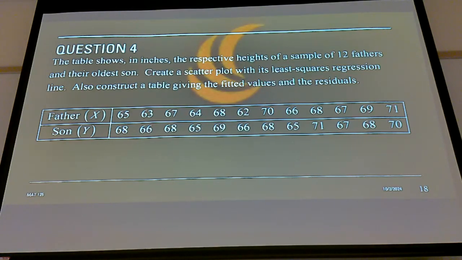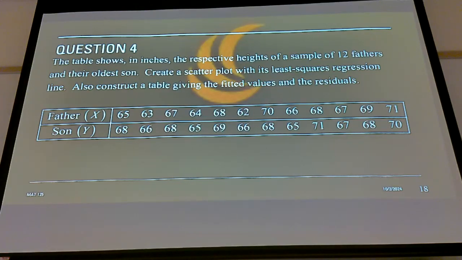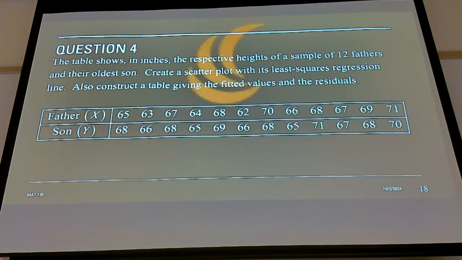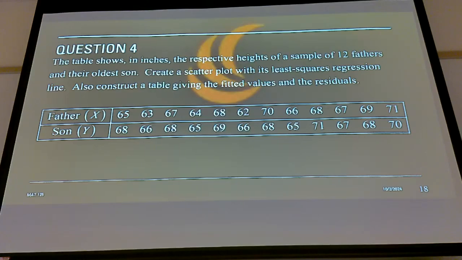So the table shows in inches the respective heights of a sample of 12 fathers and their oldest son. We're going to create a scatter plot with the least squares regression line and construct a table giving the fitted values and residuals.